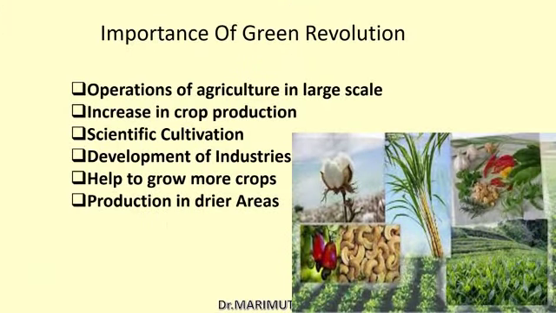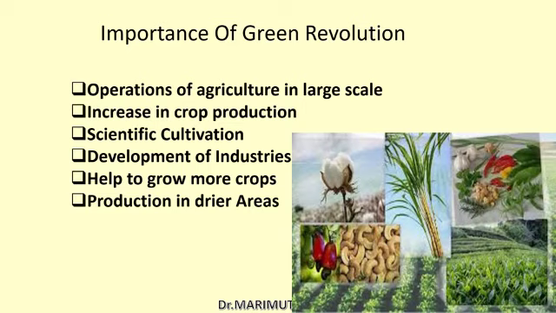In this part, we have to discuss why the Green Revolution is important. Very first, the operation of agriculture is large scale. Indian agriculture is done on a large scale. Second is to increase crop production, because the demand for production increases day by day. This is the reason the Green Revolution is most important. Third one is scientific cultivation; we accept scientific cultivation.